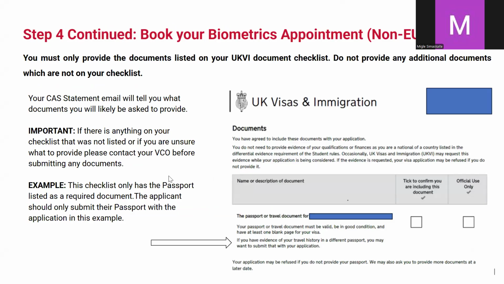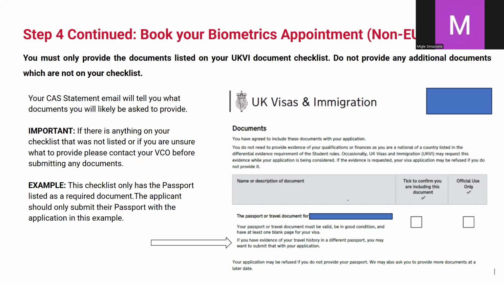Now, please remember to only submit the documents listed on your UKVI document checklist included in your CAS statement email, which we mentioned in the previous slides, but do not submit any additional documents. When you submit your visa application, you'll also be emailed a list of documents you should submit. So please pay close attention to them.